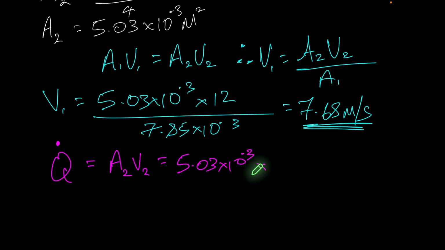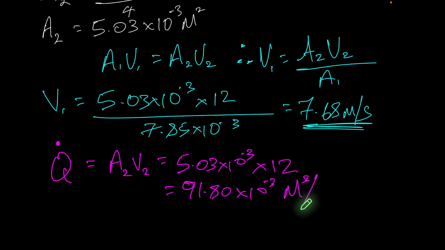If we multiply that then by our velocity there, V2, then what we have is 91.80 times 10 to the negative 3. And this is meters cubed per second. So this is representing our volumetric flow rate. So this figure tells us how much in terms of volume per second is flowing through our system here.